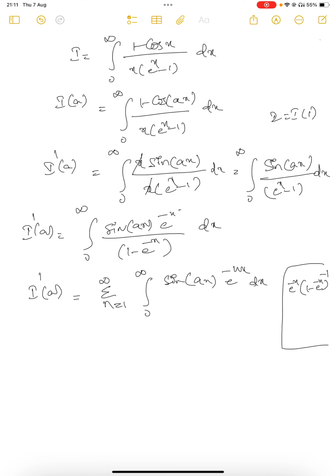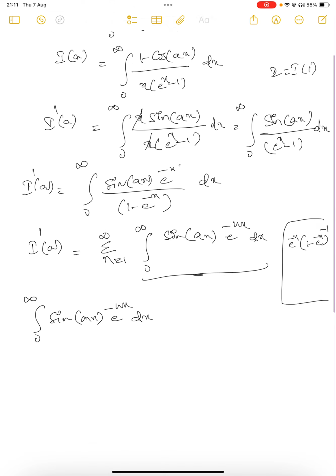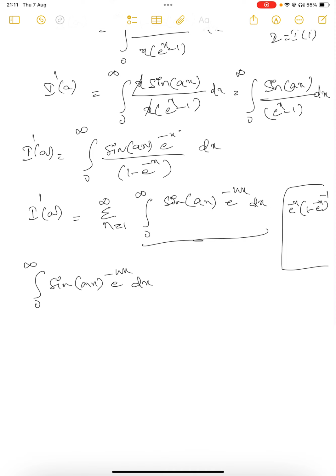Let's write clearly. As you can see, this function is integral 0 to infinity sine of ax into e power minus nx dx. Shall we derive this? Let's do integral 0 to infinity e power minus nx, sine of ax.